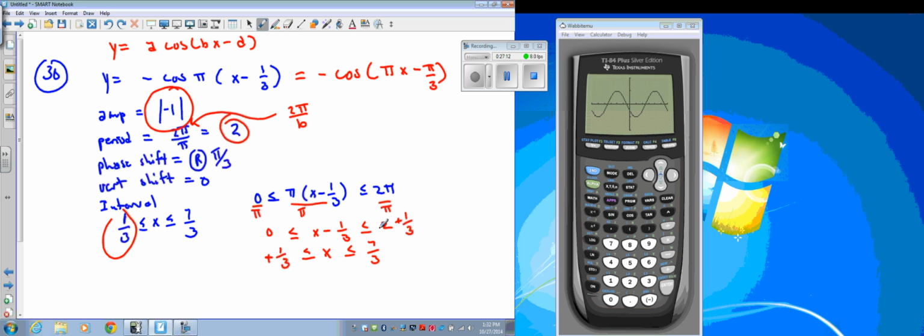To add those. Well, let's see. Maybe I'm thinking about this thing wrong. It goes from 1/3, and the cosine should be rotated.